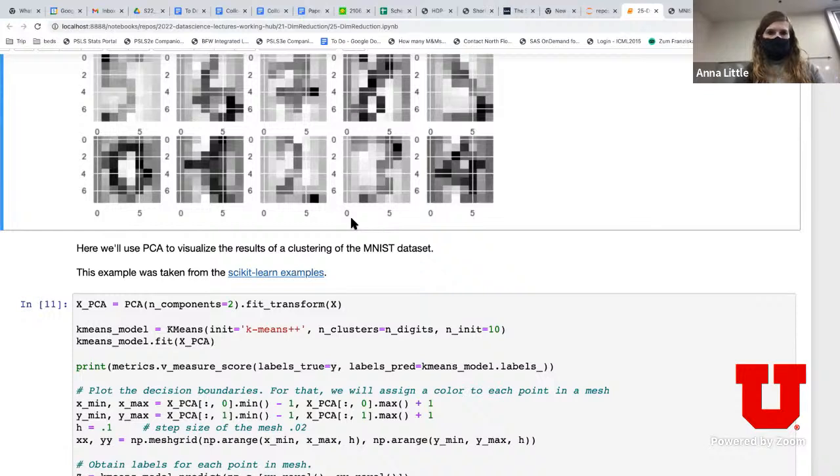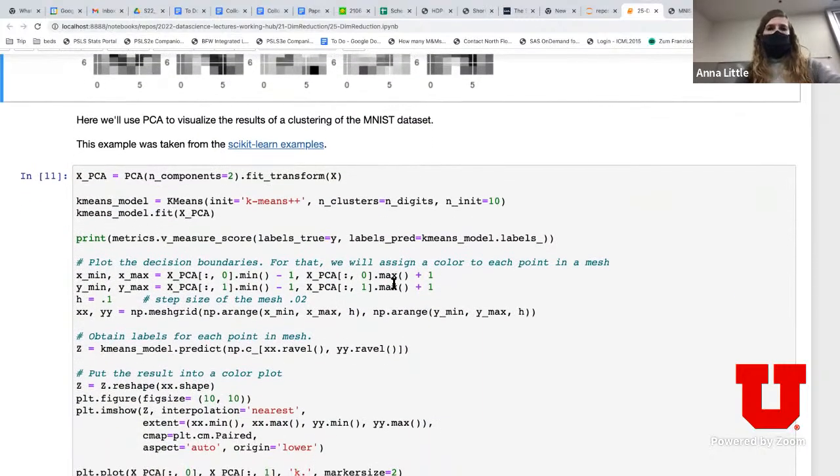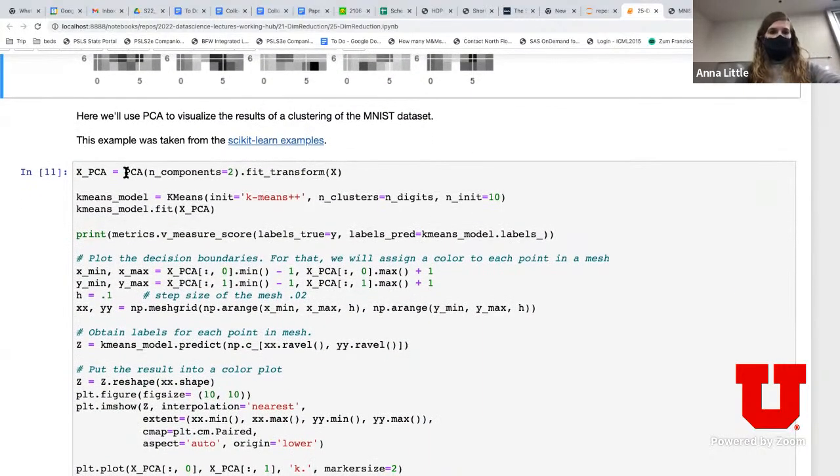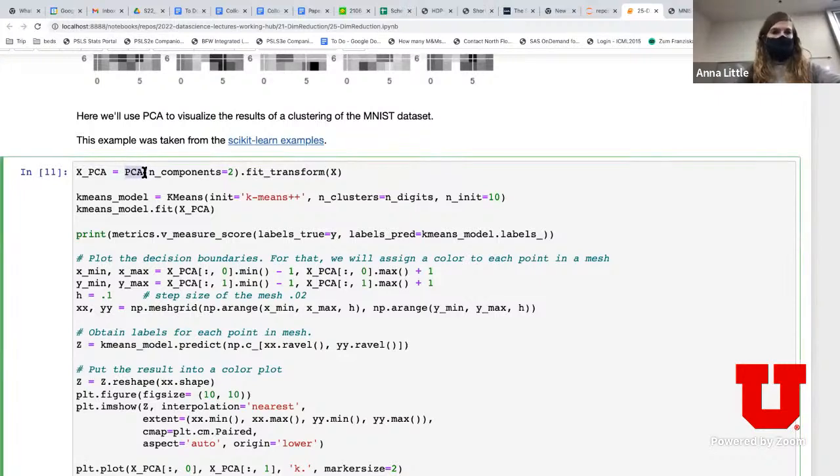Okay, so let's use PCA to visualize this data and also to cluster this data set into 10 clusters. All right, so how do we do that? Well, again, we're going to call the PCA function. Here, we're going to specify that we only want to compute the first two components.